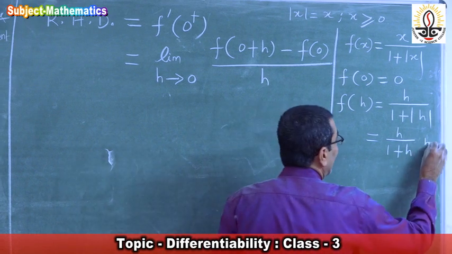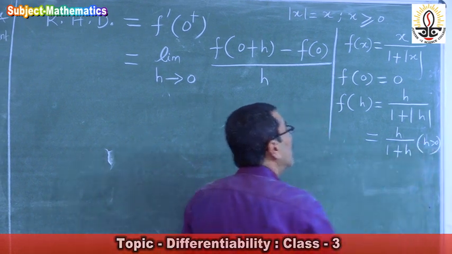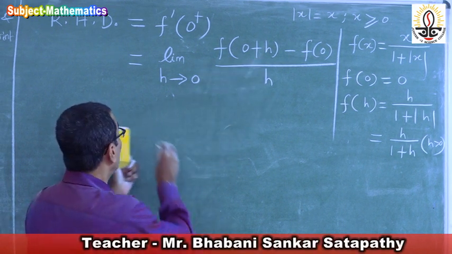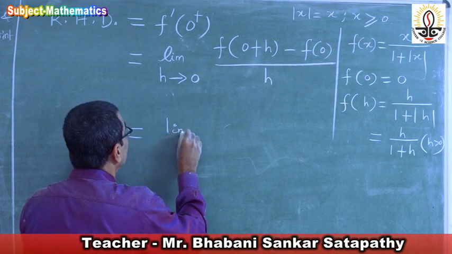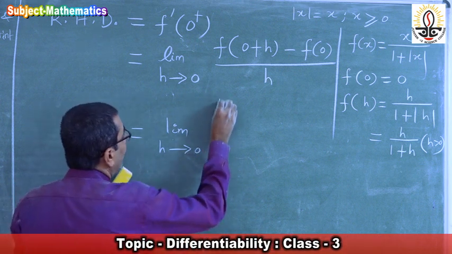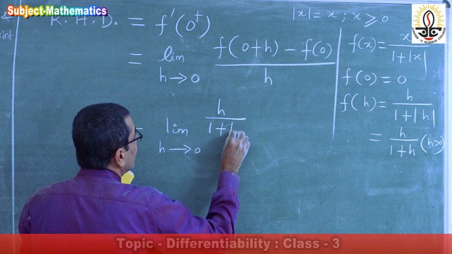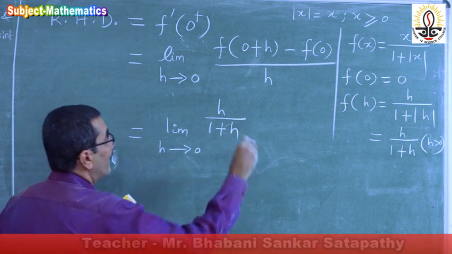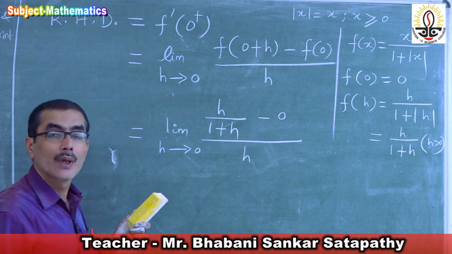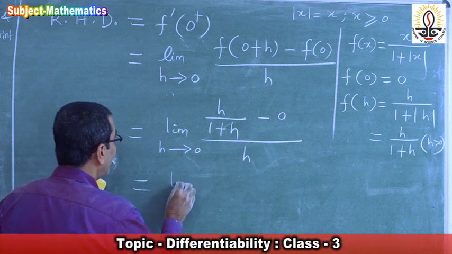So in place of f of h, we put limit h tends to 0 of h by 1 plus h minus 0, divided by h.